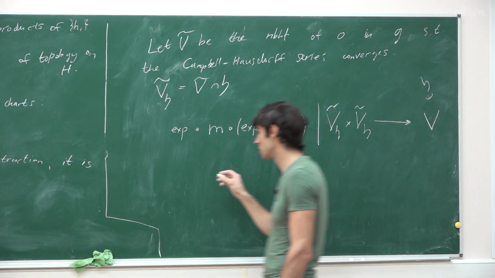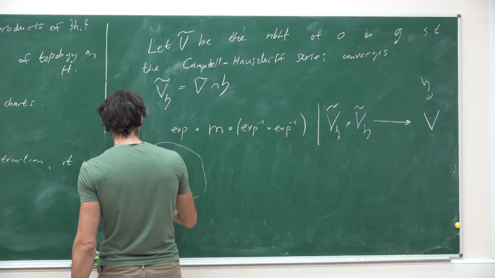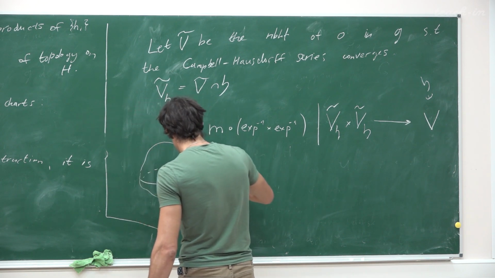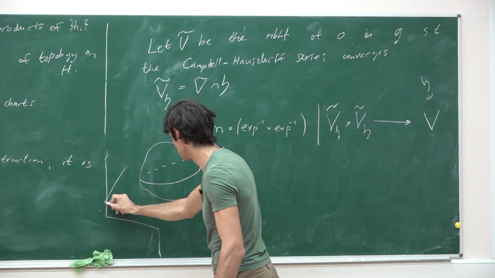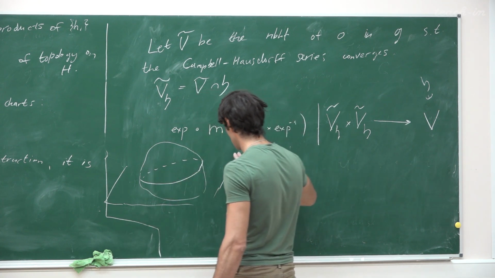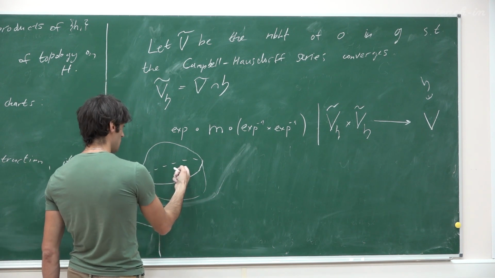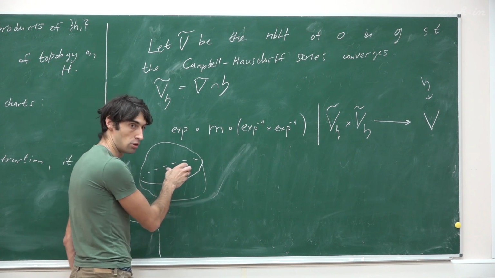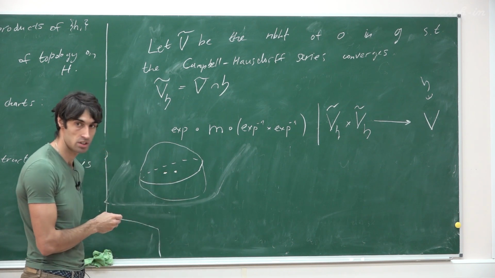So let me maybe draw a picture again. So I have some neighborhood of identity in G, and I have V, which is inside H, right? So H is my thing, like a plane, whatever. And V tilde is something a little bit smaller, so that Campbell-Hausdorff will work, right? So I take 2 points in here, pretty close ones.